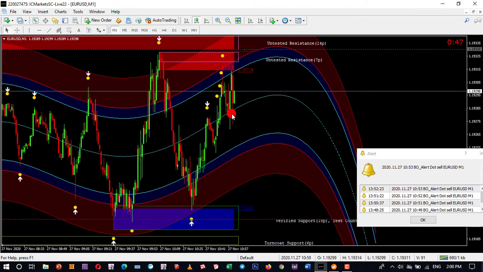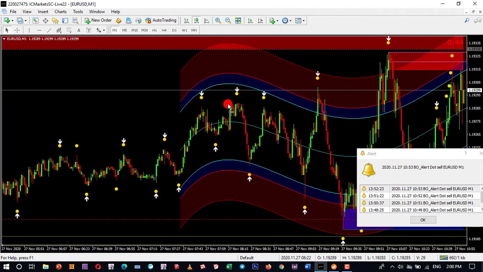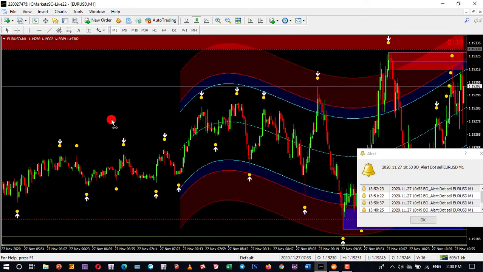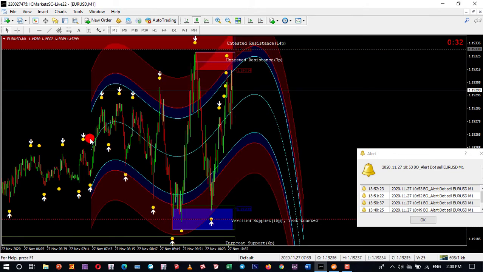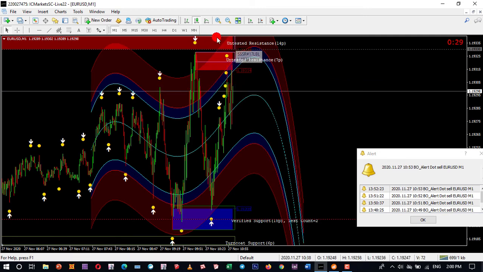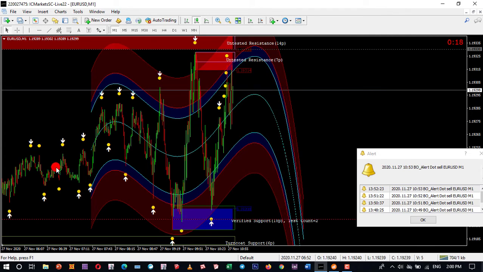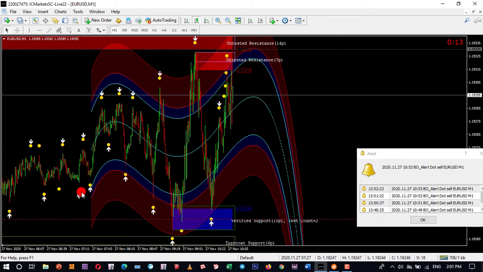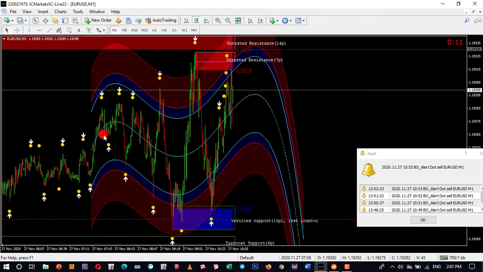So now let me tell you the other support. Whenever the arrow appears, you can see that for at least 5 minutes the market is in that direction, like this, in up direction, in down direction, up, down, up, down.